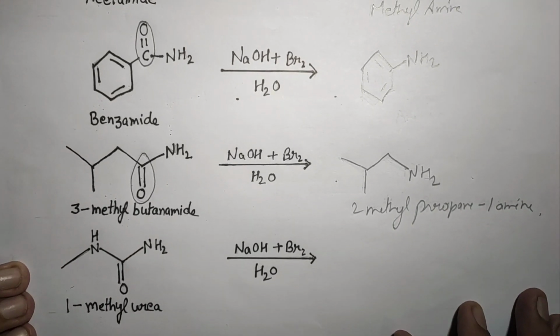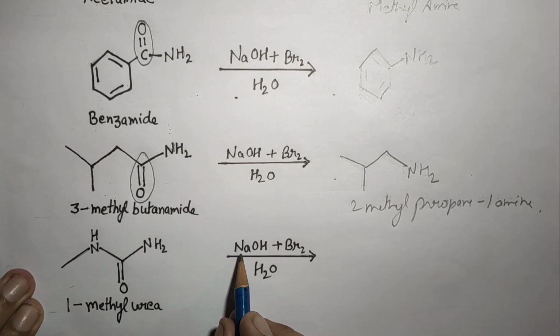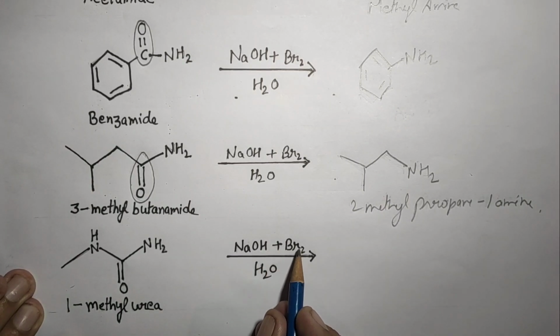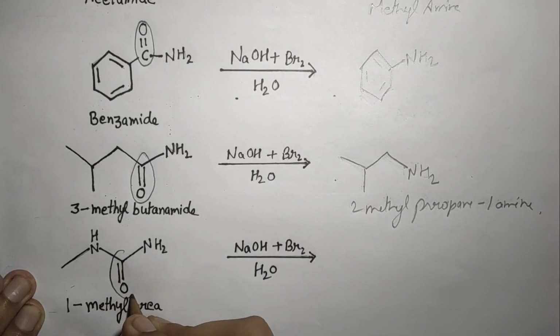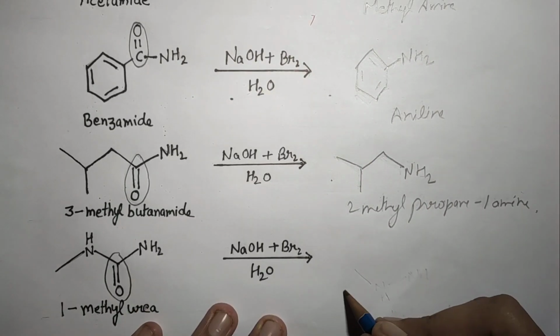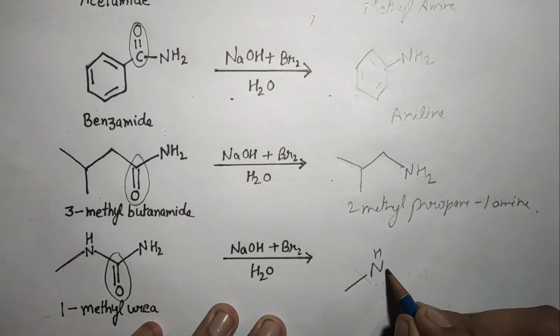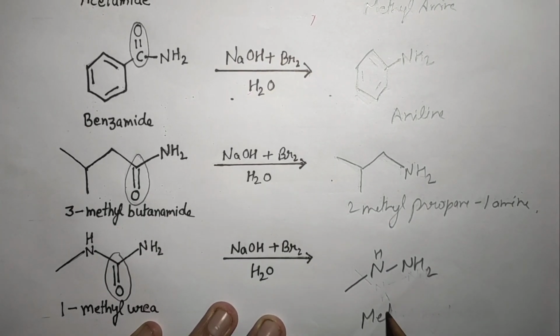Now, this methylurea, when it reacts with sodium hydroxide and bromine, shows Hofmann rearrangement. And again, this C double bond O group gets removed, and we get this NH2 methyl hydrazine.